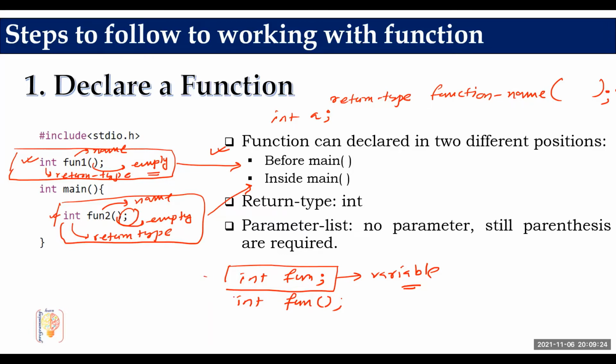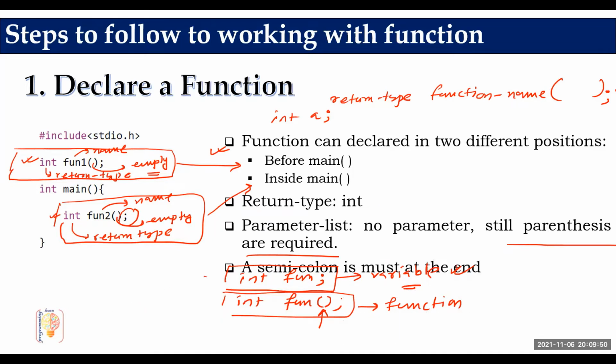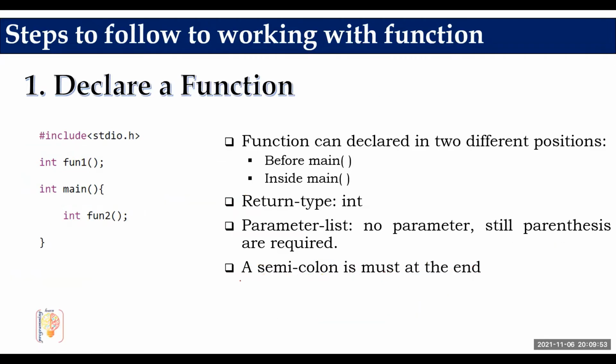So this will be a variable, but this is not a variable, this is a function. How does the compiler understand this is a function? From the parentheses. So parentheses are a must. If you did not use them, it will be considered a variable. I hope you understand why these parentheses are required. And at last, a semicolon is a must at the end. So this is the declaration.